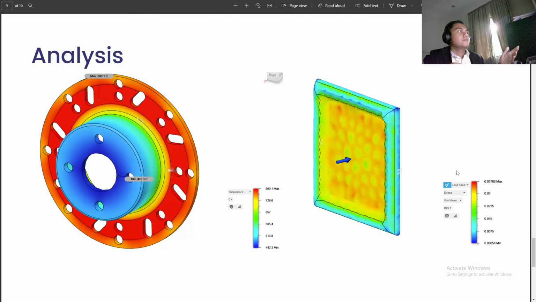So here are the analyses for the brake rotor. As you can see, the red part is where the friction will be induced. So that is where the wear will happen, which is up to 800 degrees Celsius, which we mentioned just now for the brake test at the dynamometer test rig. And the next one on the right is the brake pedal analysis.